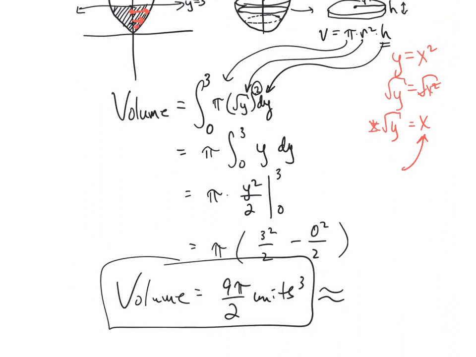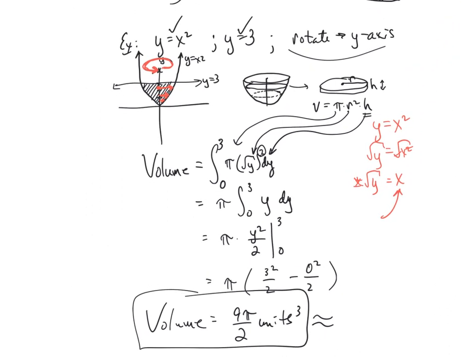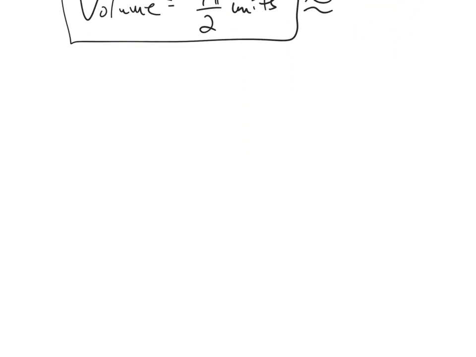Okay, so if I shrink that up to try and get it on one page, there is a good example of one problem where we're finding the volume by rotating around the y-axis. Okay, let's do another problem, but this time rotate around the x-axis. So here's another example.